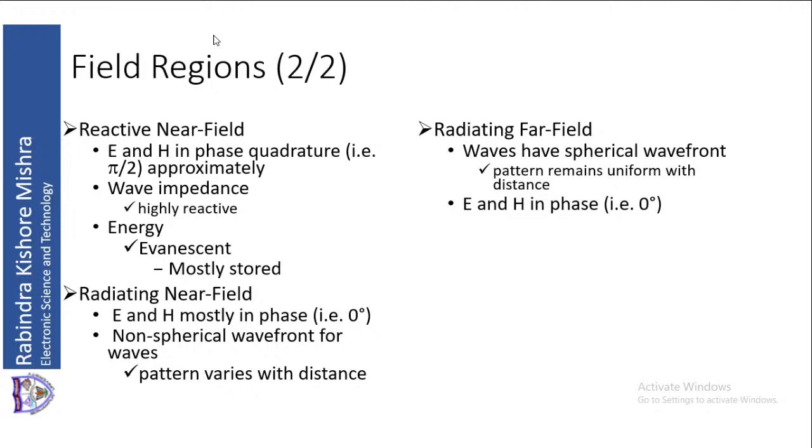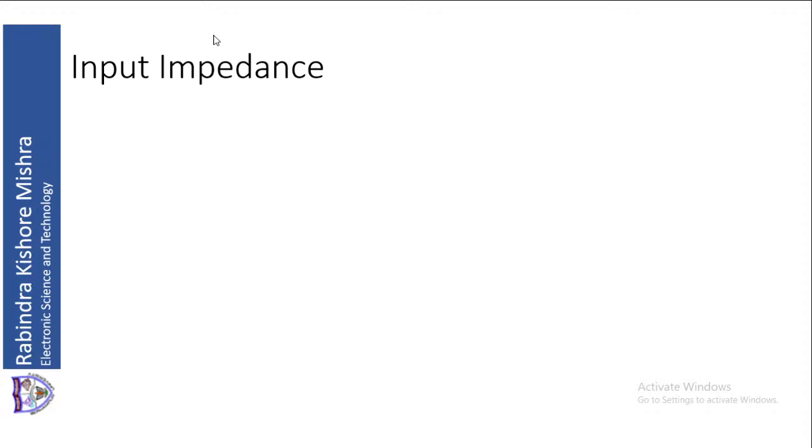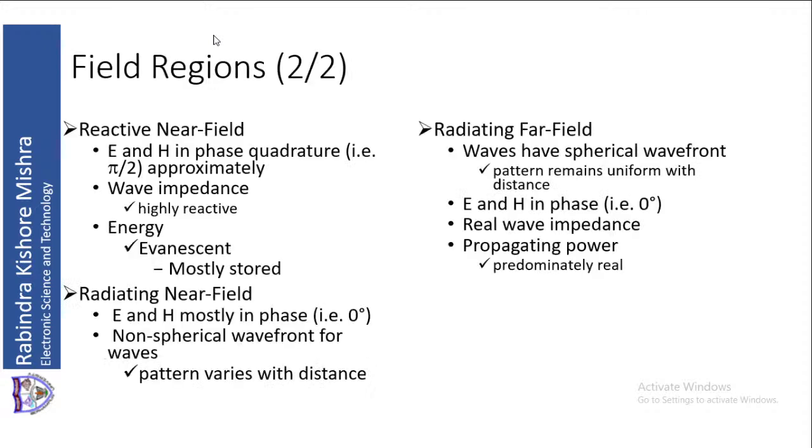Since the pattern remains the same and E and H are in phase, we will have non-evanescent, propagating energy, propagating power. The wave impedance will be real. If the wave impedance is imaginary, then because of the imaginary part you will get the reactive portion.